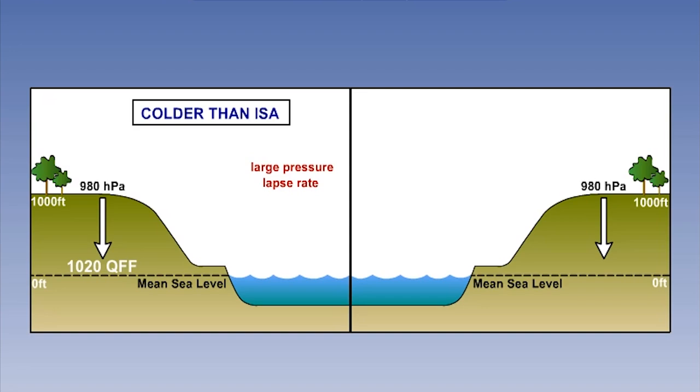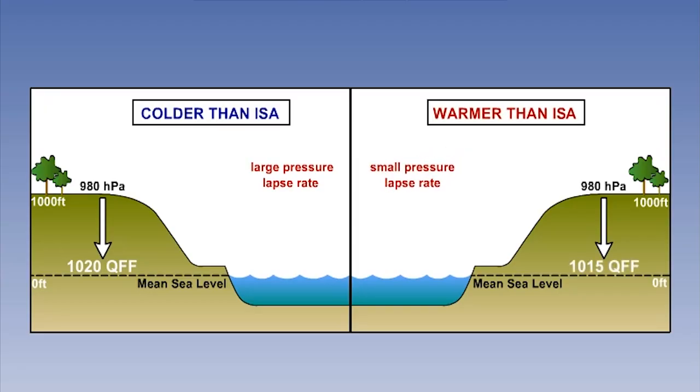So when adjusting the surface pressure to mean sea level, we would gain more pressure in 1,000 feet than if the air was warmer than ISA. The 2 diagrams confirm this for us. The diagram on the left shows that if a station was above mean sea level and the air was colder than ISA, the corrected mean sea level pressure would be higher when compared to warmer than ISA.